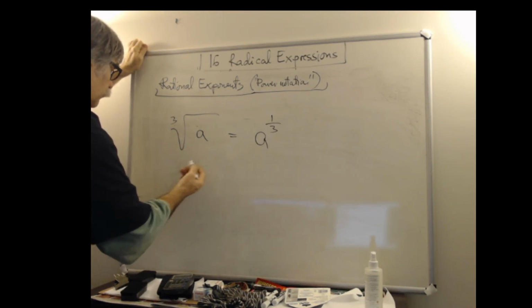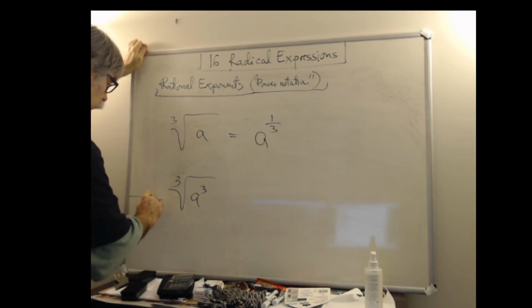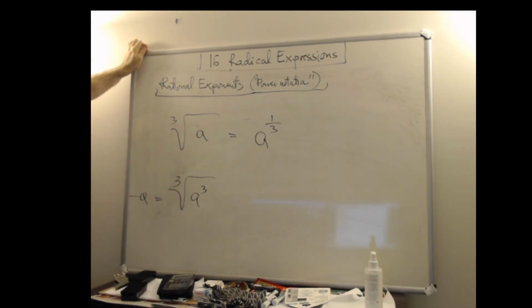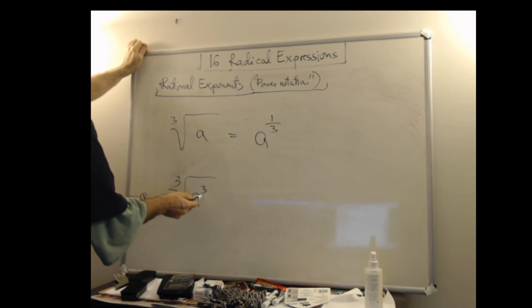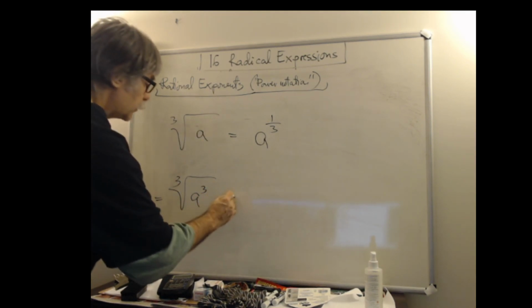If you have the cube root of a cubed, that would be equal to, of course, a, right? We said it before. If you do the power and the radical with the reverse of their power, you just end up doing nothing. Well, you can see it here.